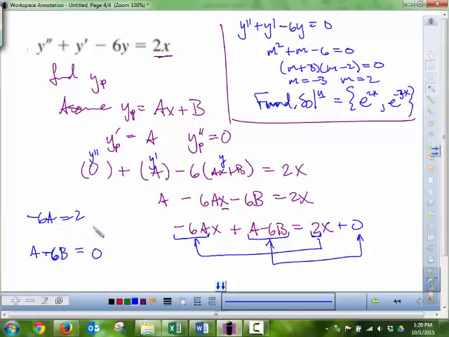So a is equal to negative 1/3. And if a is equal to negative 1/3, then b is equal to, I got positive 1/2. Is that right?